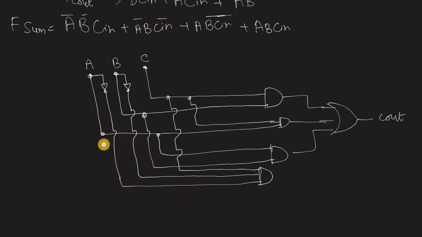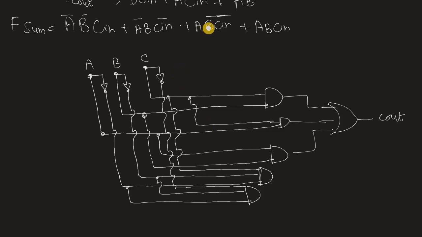Just take a naught from here, then b, and then we have c naught, so let's create a c naught. My diagram looks pretty ugly, but I'm just here to explain, so it doesn't matter how ugly it looks.